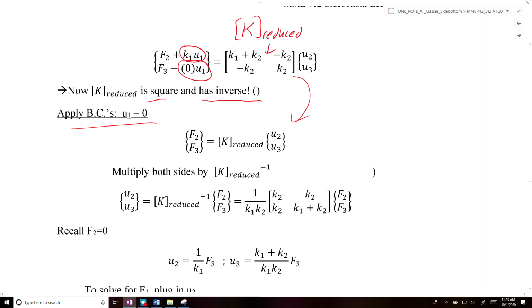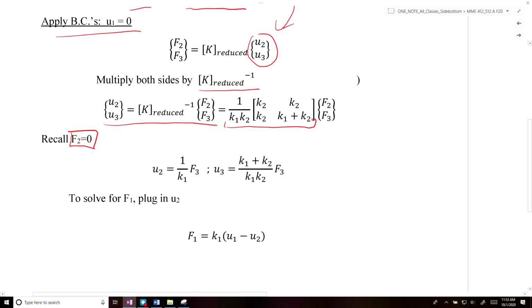We can now take the inverse of K reduced and multiply it by both sides, so that we can solve for U2 and U3. This is our inverse K matrix here. Remember from the problem, there's no externally applied force, so we can set F2 equal to 0. So we end up getting these two values for U2 and U3.